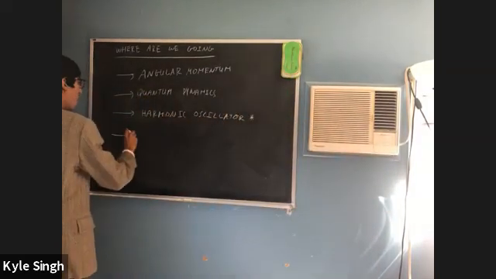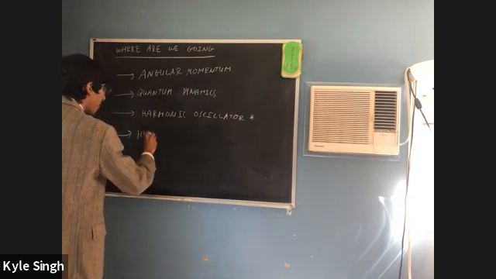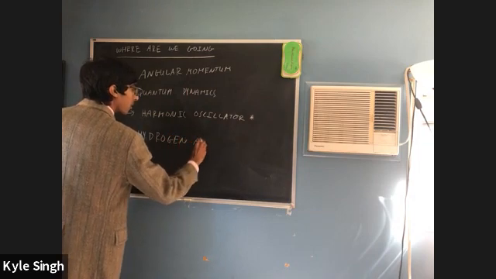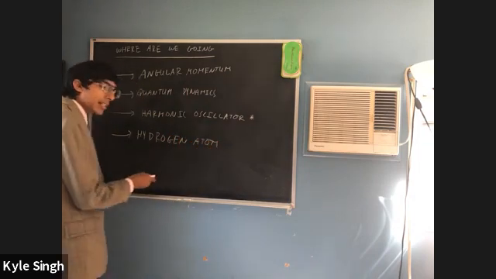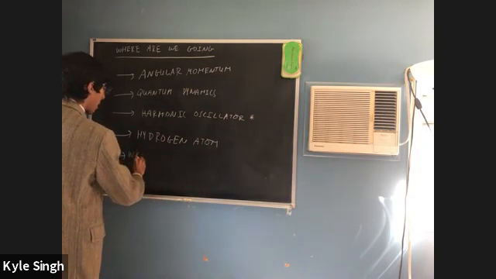Okay, and then we'll do the hydrogen atom, which is sort of another rite of passage. We'll learn about spherical harmonics, Legendre polynomials. We'll do the WKB approximation.